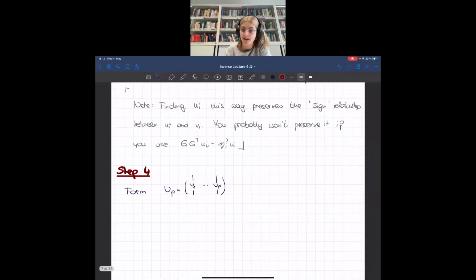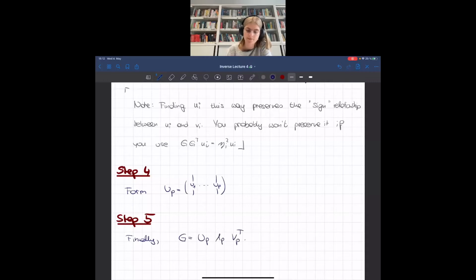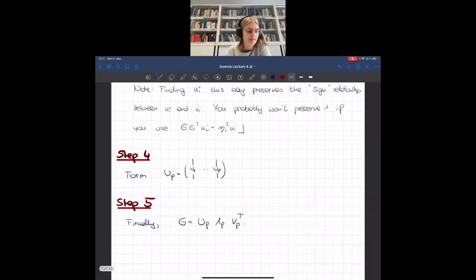Finally, we have step 5. You can build T as UP lambda P VP transposed. That's basically everything we need to do.